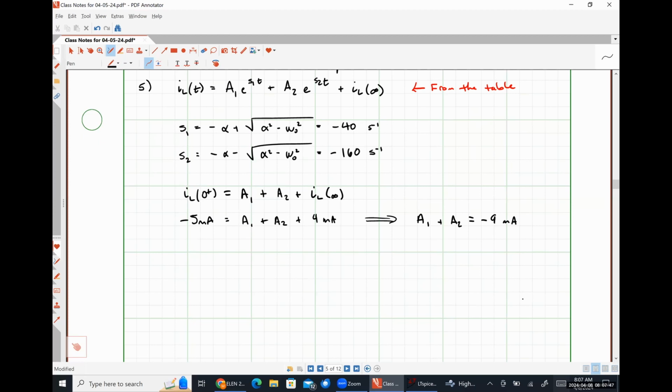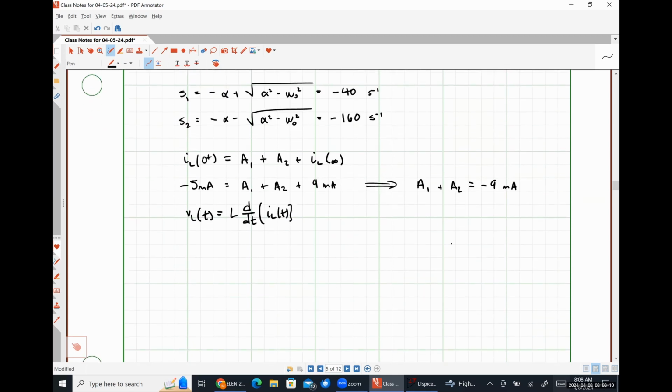The inductor voltage. Well, for us, the inductor voltage is the exact same thing as the capacitor voltage, right? So we could say that VL of t is simply L times the derivative of IL of t.